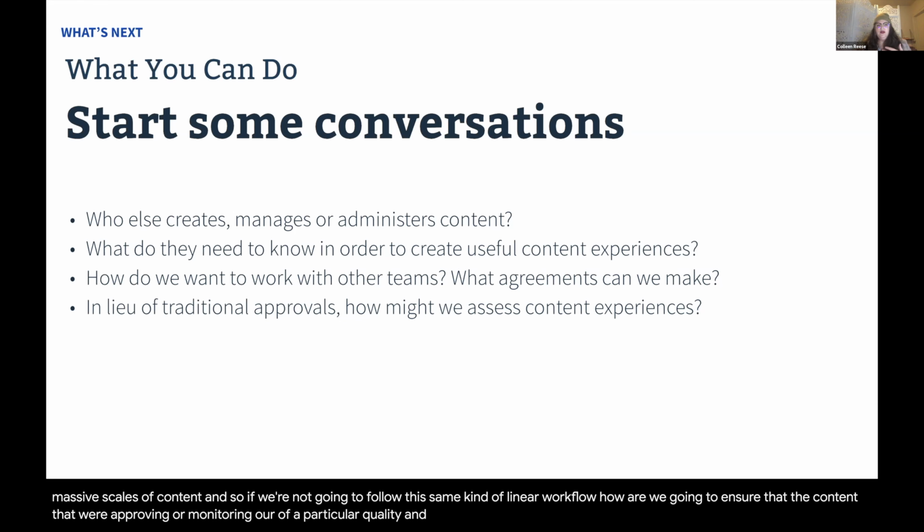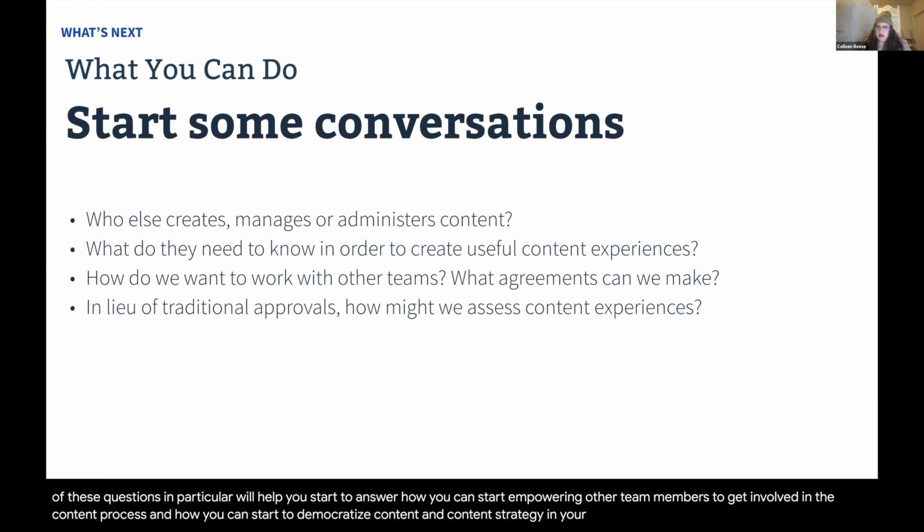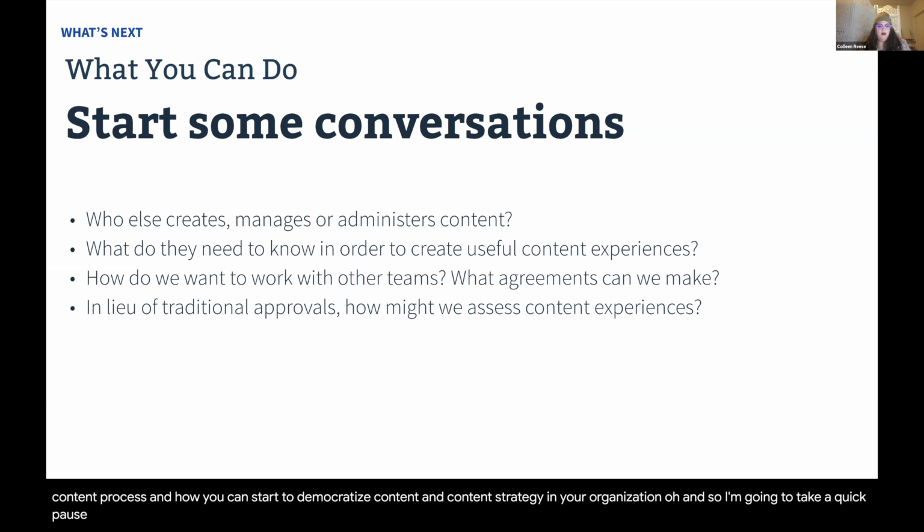In terms of this as an introductory conversation, I think some of these questions in particular will help you start to answer how you can start empowering other team members to get involved in the content process, and how you can start to democratize content and content strategy in your organization.